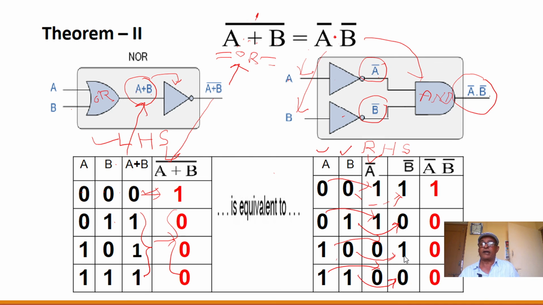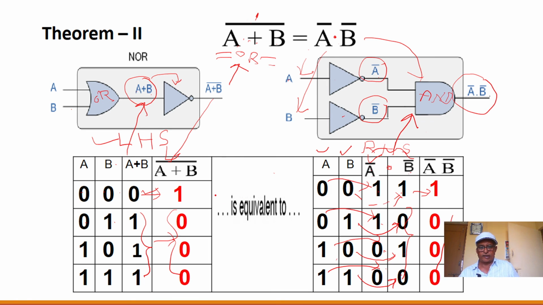So this is B bar. Now these A bar and B bar are inputs to AND gate. So we take product of these two columns, A bar into B bar. So 1 into 1 will get 1, and for remaining 3 cases there is always 0, so output is 0.